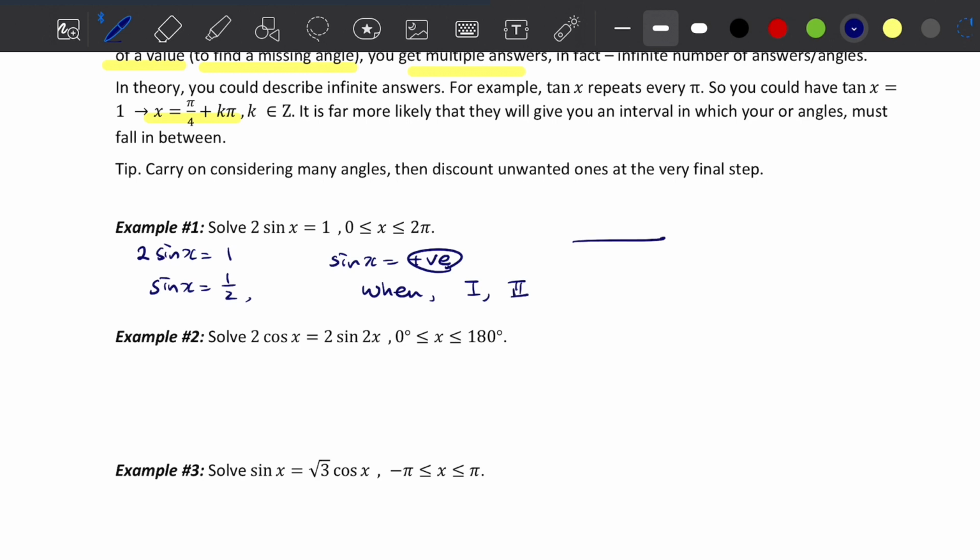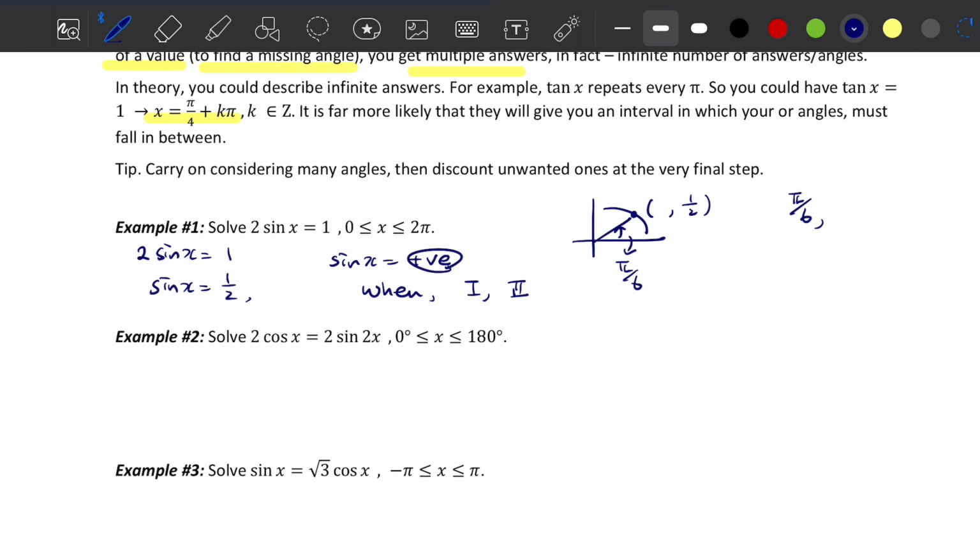Using the unit circle, when the angle is pi over 6, the sine value is 1 over 2, right? So our first answer is pi over 6, and this is our reference angle.